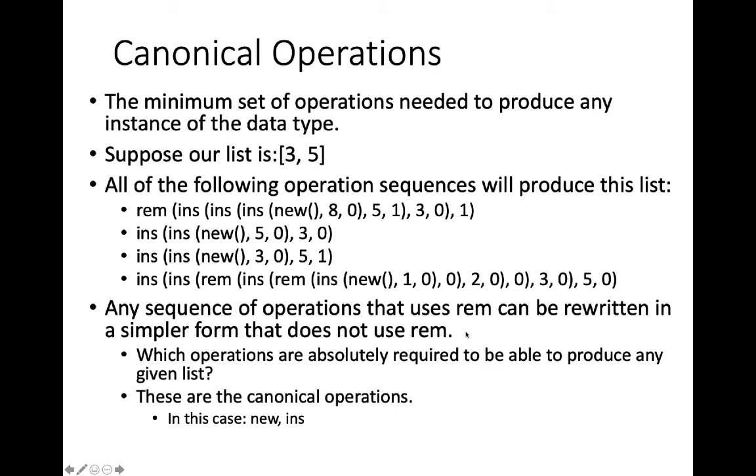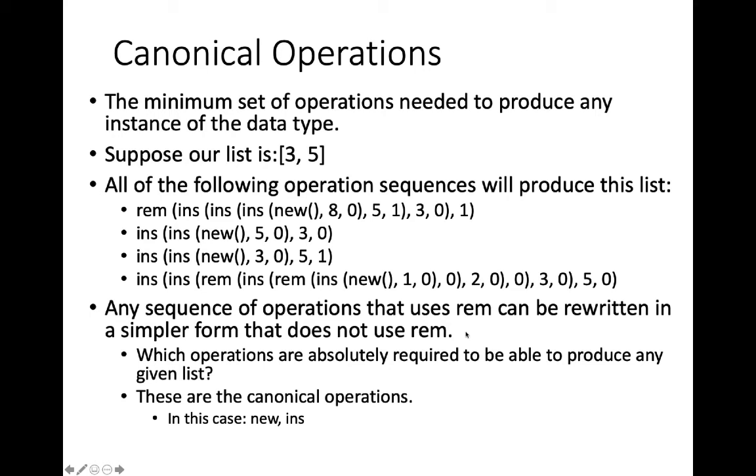If I don't have insert, then I'm dead also, because I can't make a list with any particular sequence of elements. So in this case, new and insert, those we identify as the canonical operations. They are required in order to create any given list.